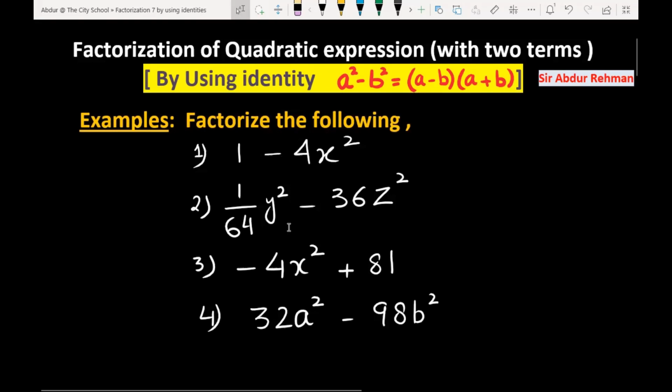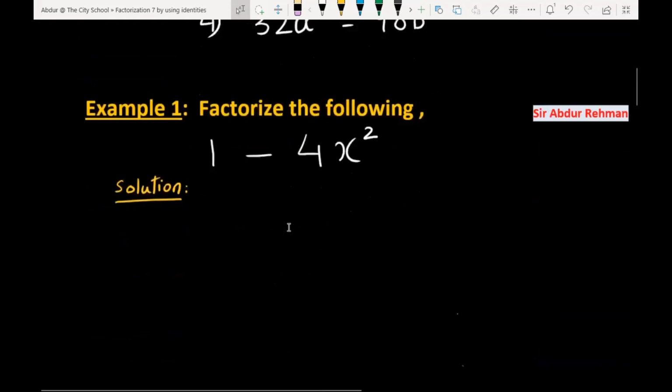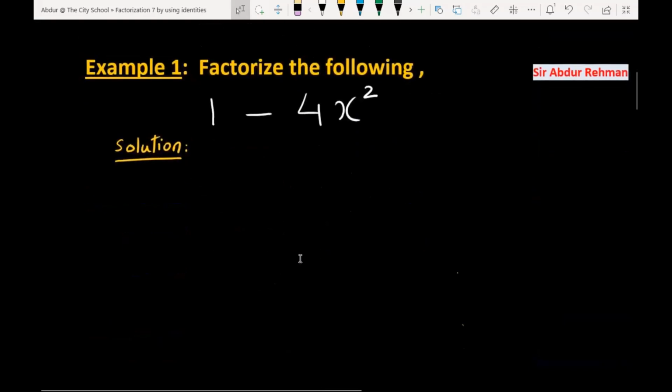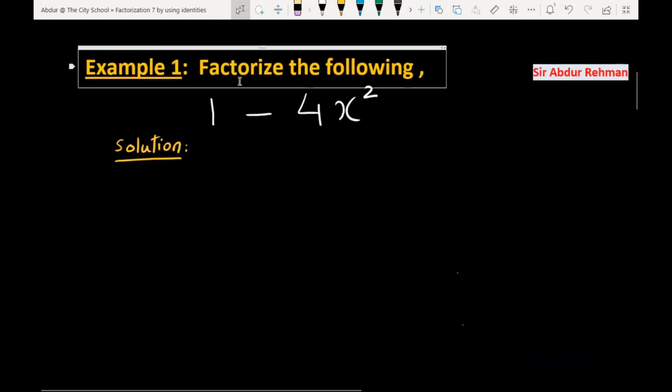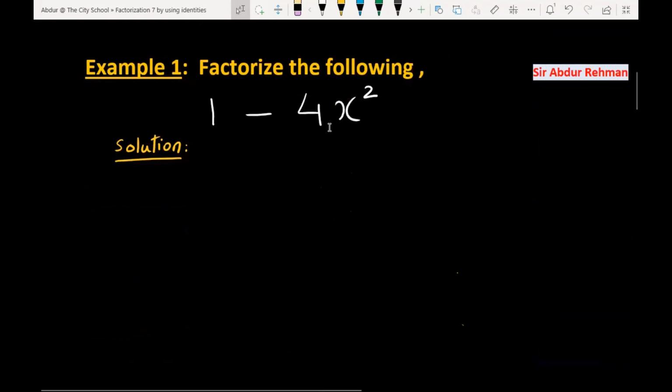Move on to example number 1: you have to factorize 1 minus 4x square. Before starting, please check. The first term must be positive and the second term must be negative. This is the first condition. The second condition is both the terms must be a perfect square.